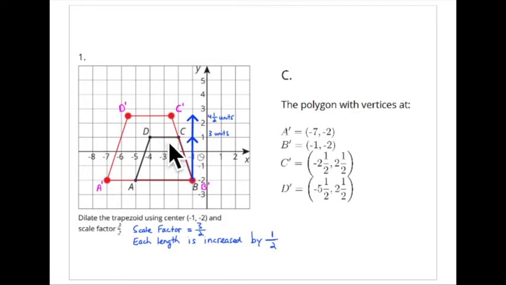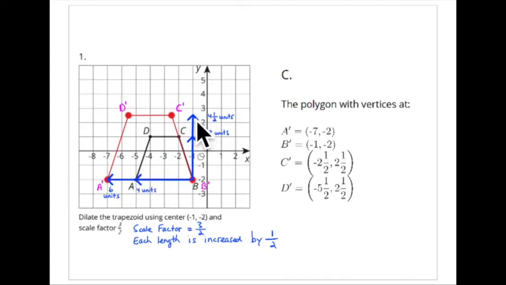This vertical length to get to the shorter side is 3 units. 1, 2, 3, and then you're going to multiply those 3 units by 3/2 to get 4.5 units. So it's going to move this length out another 1/2 of a unit in length. So it goes from 3 units to 4.5 units.